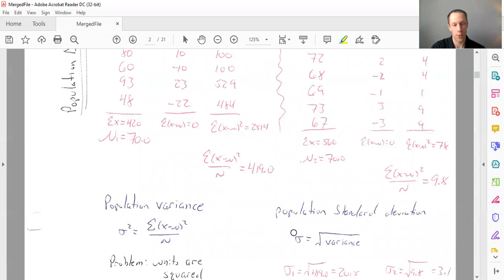When we take the square root of it, that's when we get the standard deviation. The symbol that we use for population standard deviation is the Greek letter lowercase sigma. It looks like a circle with a line off the front of it. Like I said, that's the square root of the variance. So we could say that the variance symbol is sigma squared.